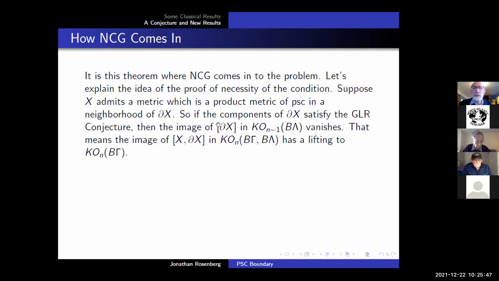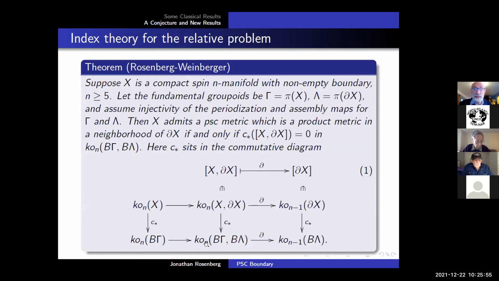So the fundamental class has to go to 0 in here. And we had this exact sequence here. So just think of little ko as replaced by capital KO, and that's the last line here. If this class went to 0 here, then that means it has a lifting back this way, by the long exact sequence.